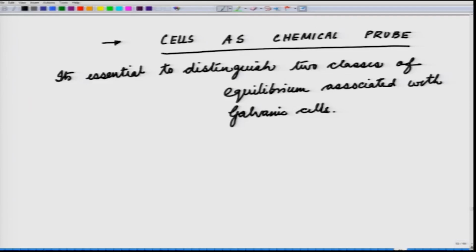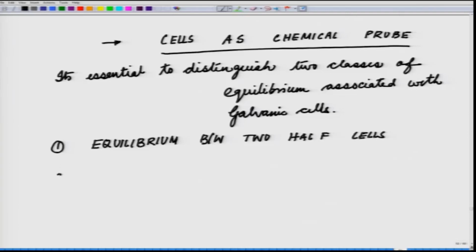Okay. So, what are those? The first one is equilibrium between two half cells, and the second one is equilibrium within each half cell.